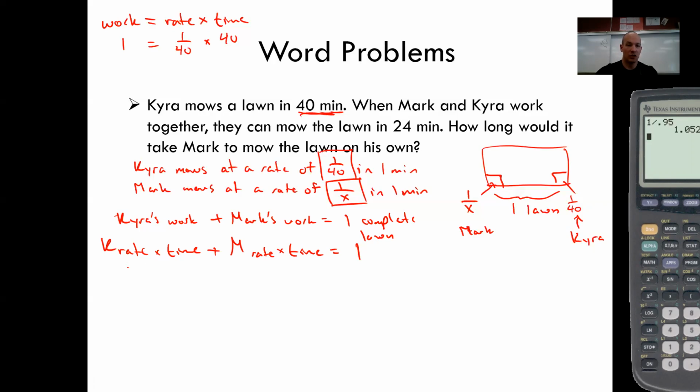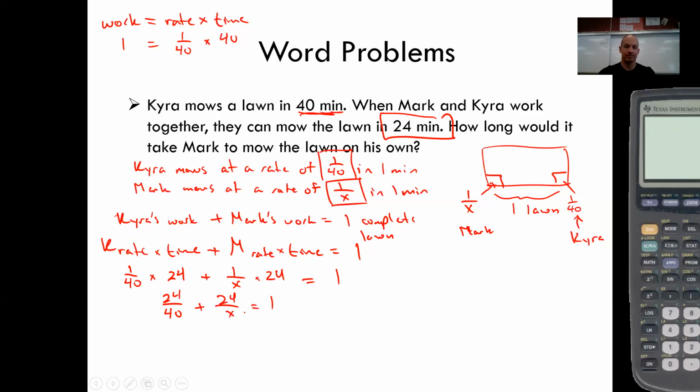So her rate, she works at 1/40th of the lawn per minute, and when they're working together, they're doing it for 24 minutes. His rate is 1/x, and he's doing it for 24 minutes as well, and that all adds up to 1. And when you start to piece this all together, you realize that we're forming a rational equation where x is on the bottom.